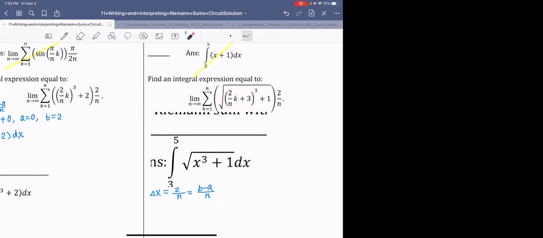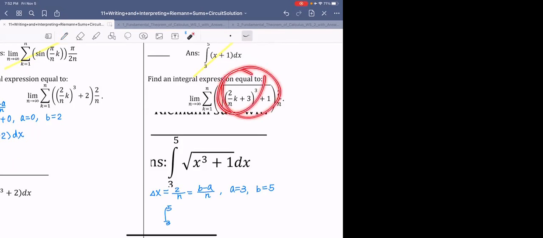This is delta x times k plus a. So 3 is the a, yes? a is 3, b will be how much? 5. Good. So the lower bound is 3, upper bound is 5.